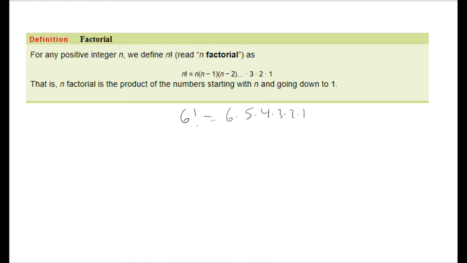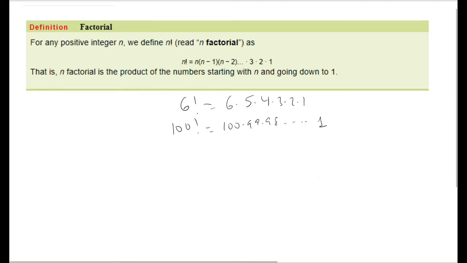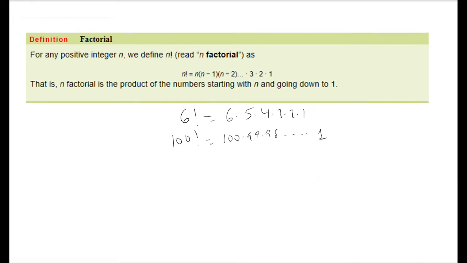If we have 100 factorial, then we go 100 times 99 times 98 all the way down to 1. You can imagine these numbers are immense. Even 10 factorial is quite large. And there is a function for this on the calculator, which is very useful when you're doing calculations involving factorials.